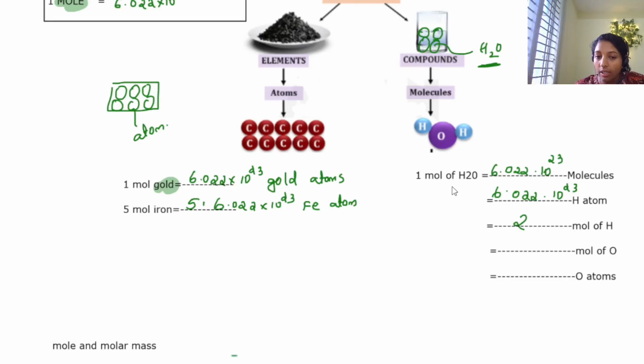So you can say 1 mole of water contains 2 mole of hydrogen, or 2 times 6.022 times 10 to the power of 23 hydrogen atoms. That is actually making some confusion, right? Every time you think 1 mole is 6.02 times 10 to the power of 23, but here, why is it 2 times that?